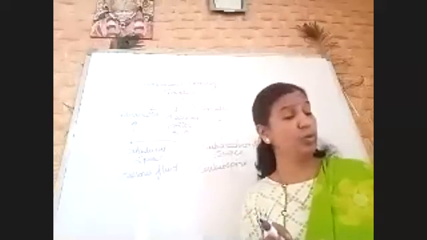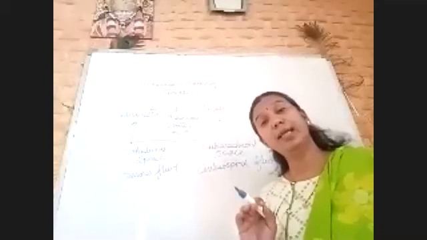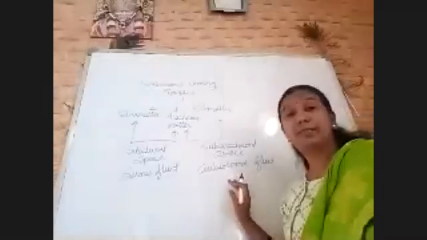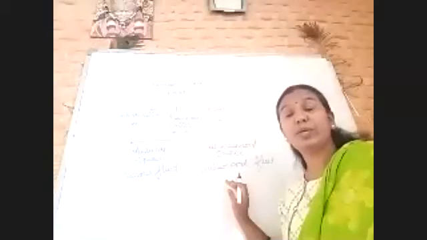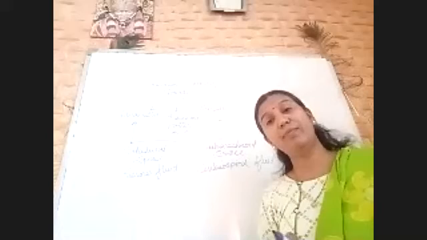I had already told you the brain contains cavities. That cavity is called a ventricle. So ventricles are present and they secrete cerebrospinal fluid. What is the function of this cerebrospinal fluid?